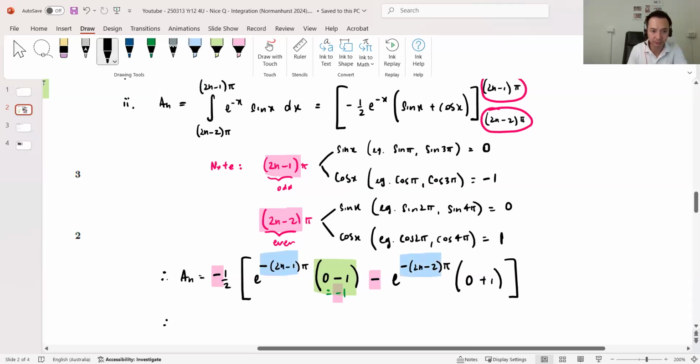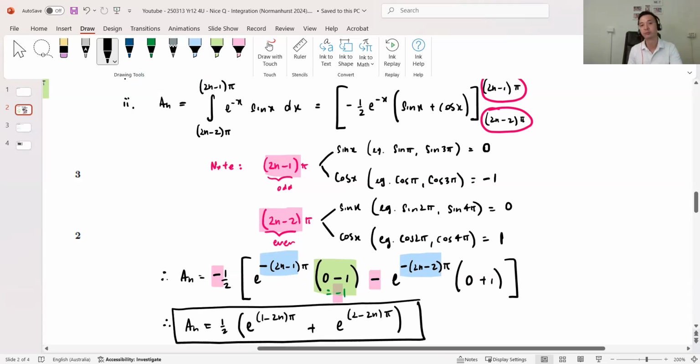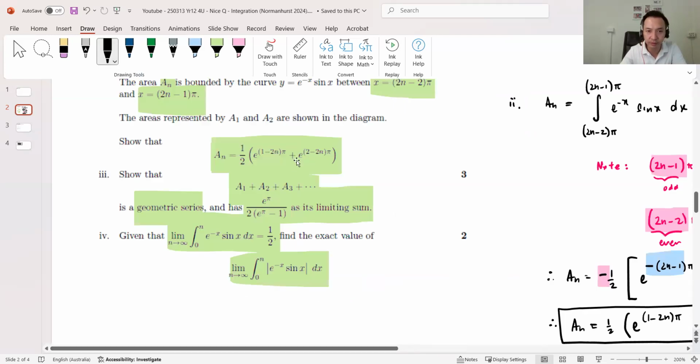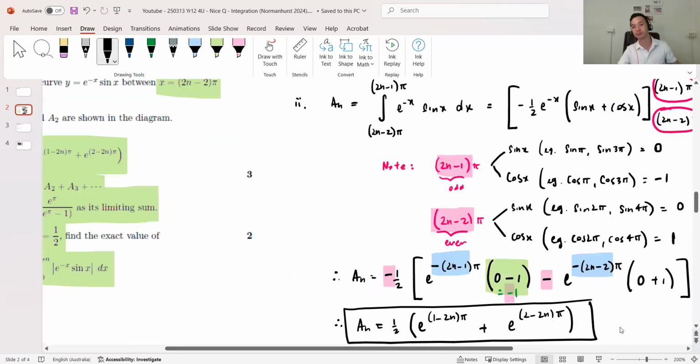Therefore, a_n equals half (e^(1 minus 2n pi) plus e^(2 minus 2n pi)), which is my final answer. I think. Let's have a quick look. Boom. Nice. Yep, not too bad.